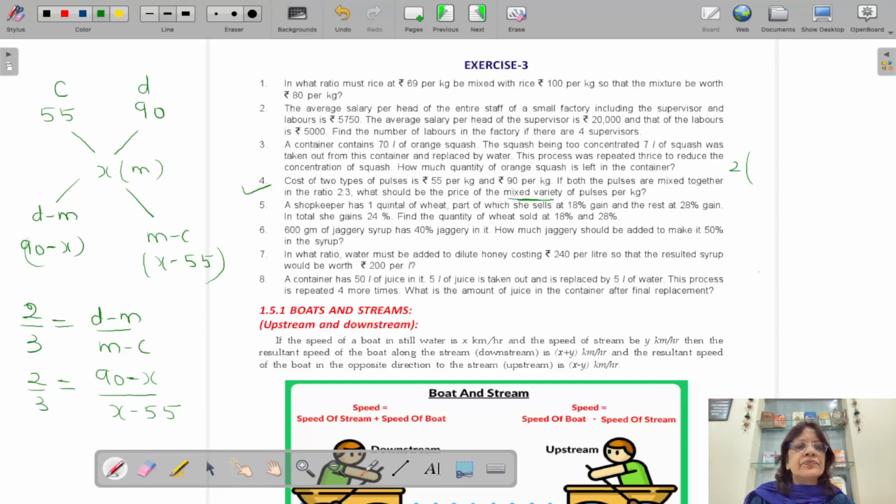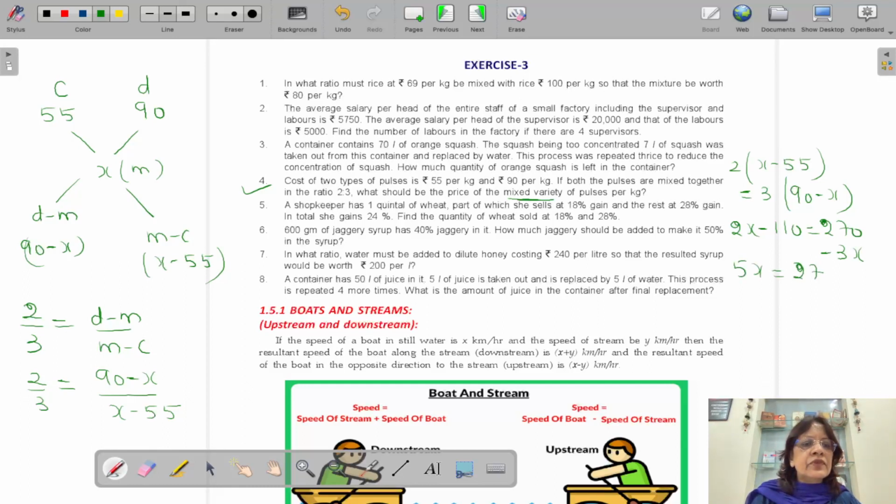So cross multiplying this, you will get 2 times, 2x minus 110 is equal to 270 minus 3x. So what do we get finally? 5x is equal to 270 plus 110. 5x is equal to 380.